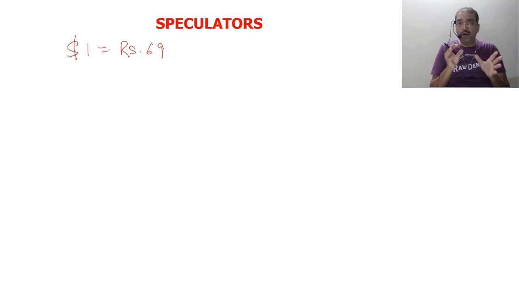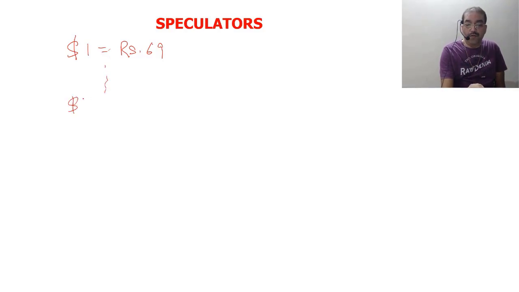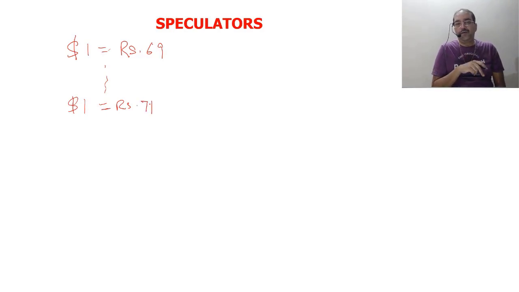So I'm spreading some rumors which lead to appreciation in the value of dollar. So dollar rate increases and slowly $1 becomes equal to 71 rupees. So what I've done, I have spread the information that dollar is likely to increase.